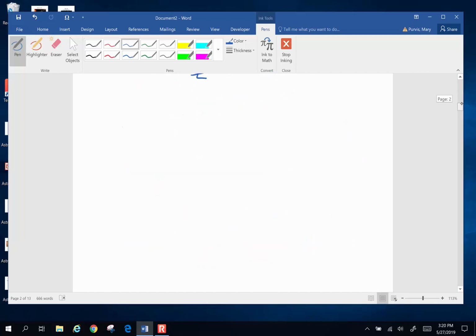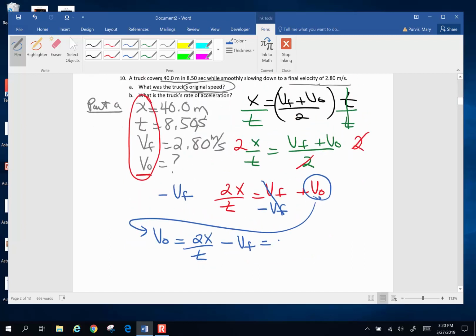Now I'm ready to put numbers in. I've got my algebra done. So 2 times my 40 meters, its displacement from up here, divided by a time of 8.50 seconds, minus a final velocity of 2.8 meters per second.